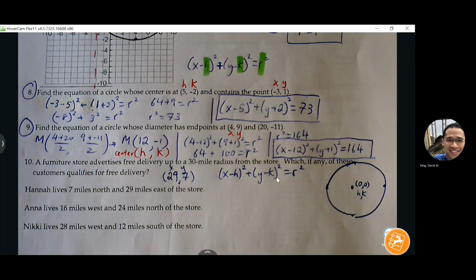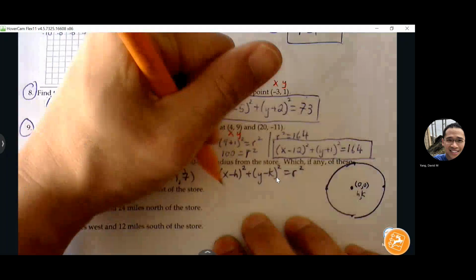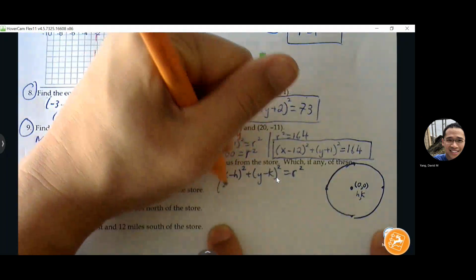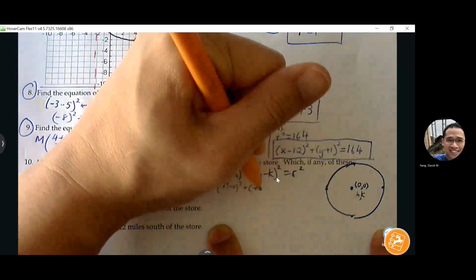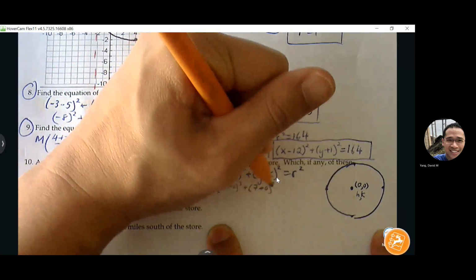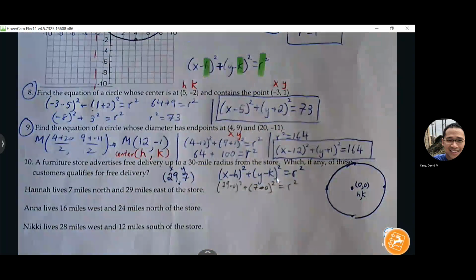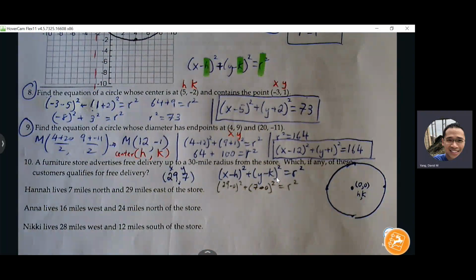So 29 squared plus 7 squared is 890. Take the square root of that: 29.83.